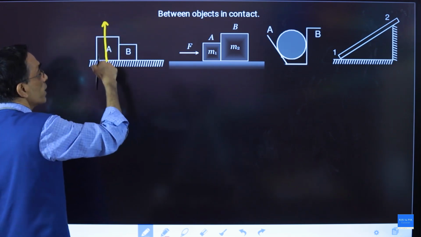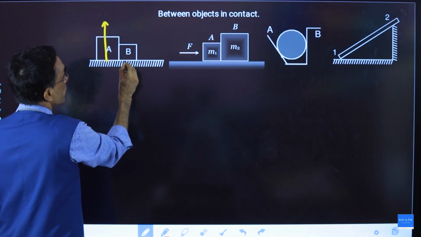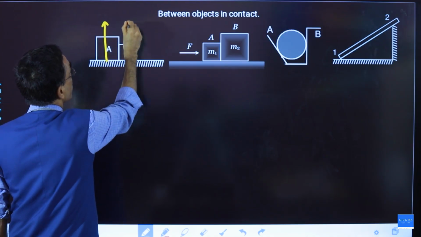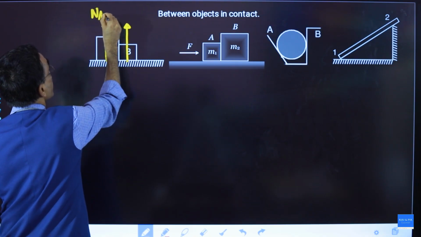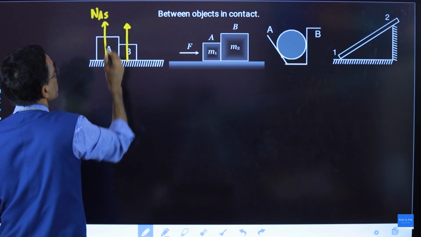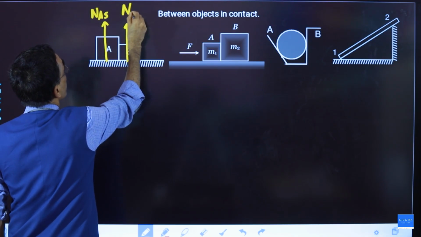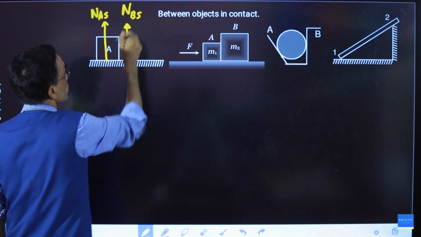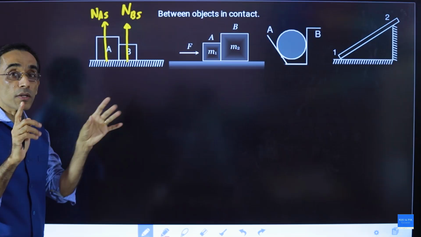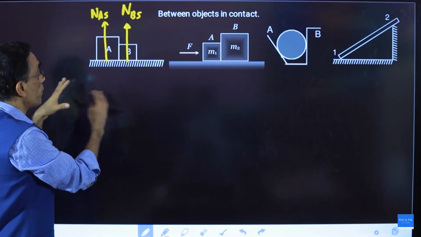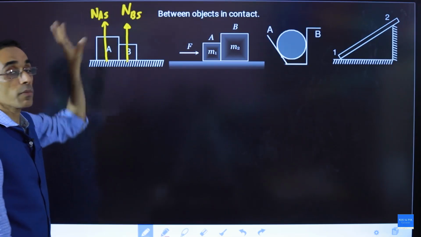That is a normal reaction on A from the surface. Similarly, on B, there is a normal reaction acting. So, this is normal reaction on A from the surface, normal reaction on B from the surface. The same amount of normal reaction will act on the ground, but we are not thinking about what is happening to the ground, we are thinking about what is happening to the body.